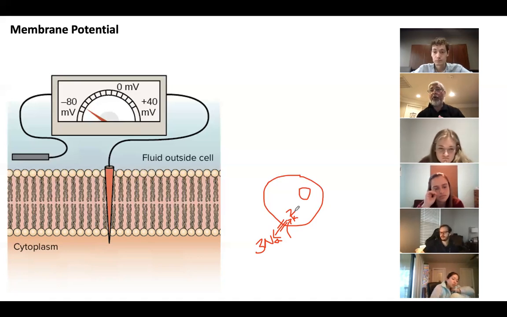If the pump keeps operating, what will happen to the net charge between inside and outside of the cell? Cell is losing positive, right? Because it is losing 3 positive in exchange of 2, which means the more the pump works, the more negative inside the cell will be, right?